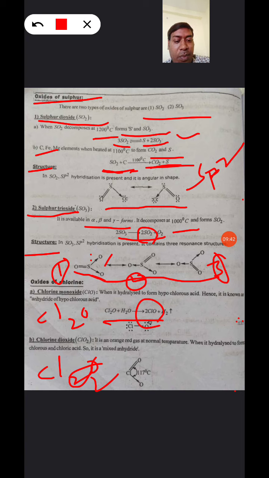At normal temperature, chlorine dioxide is an orange red gas. It undergoes hydrolysis to form chlorous acid and chloric acid, that's why chlorine dioxide is called a mixed anhydride. So this is the structure of chlorine dioxide.